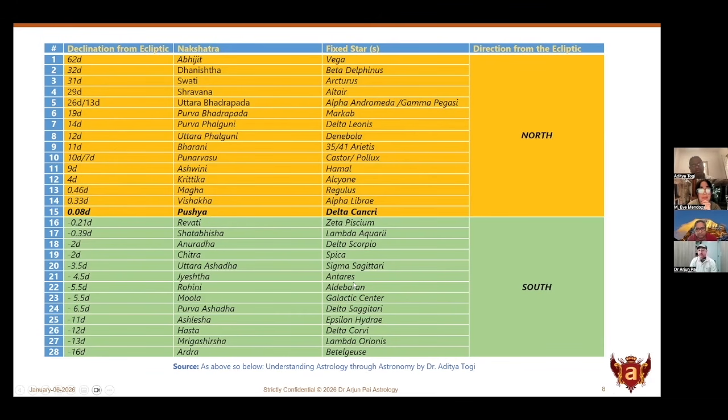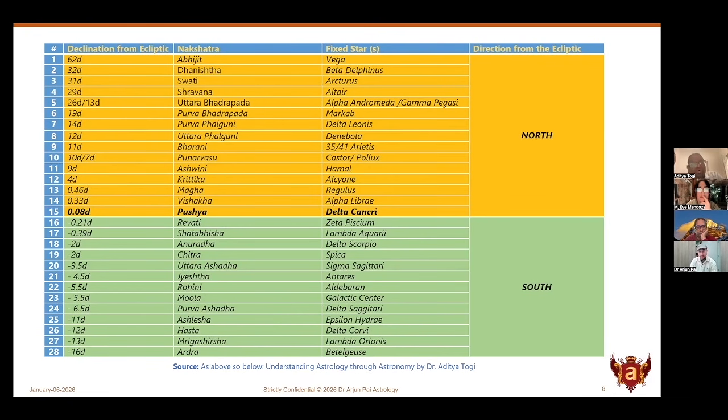Maybe this will also help you, Aditya, if you do this. And can you see Mrigashira, Lambda Orionis is very far, declination wise. Ardra and Mrigashira. Declination is north-south.